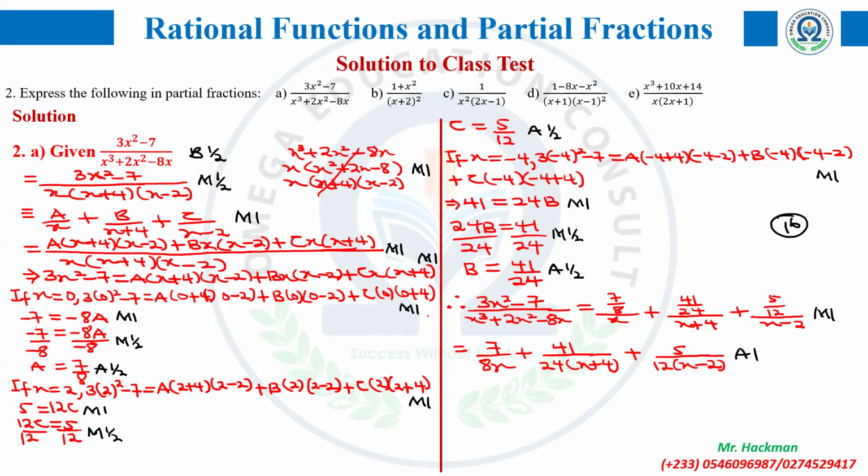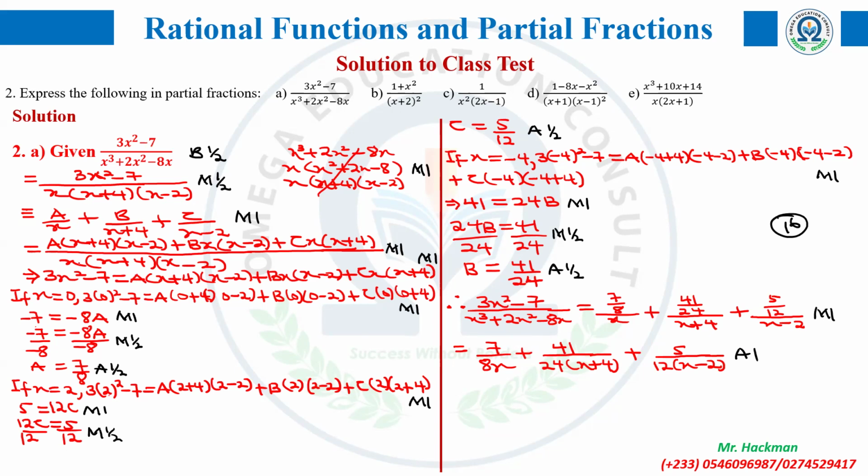So don't forget the marks allocated. As for the marks, they are there, so you can attach them as I walk you through the steps. Now that I've written the partial fraction identity, I have to go and find A, B, and C.